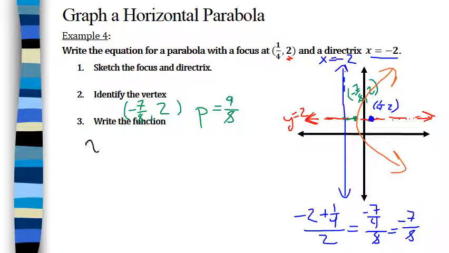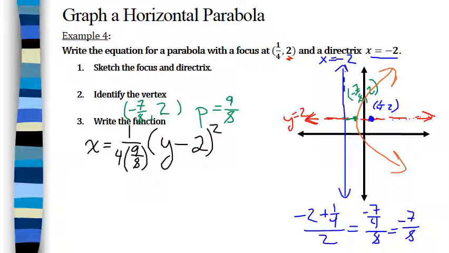So it's going to be x equals 1/4 times p, remember p is 9/8, times y minus k, which is 2, quantity squared, plus h, which is -7/8. And I can go ahead and simplify this. 1/4 times 9/8, so this divides out to 1/9 over 2.